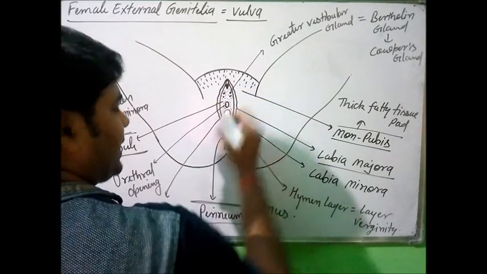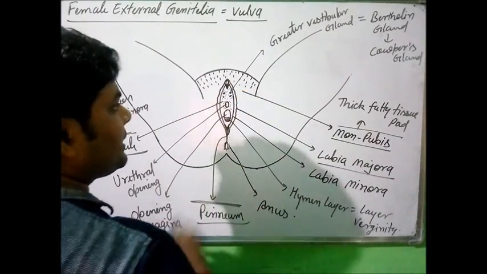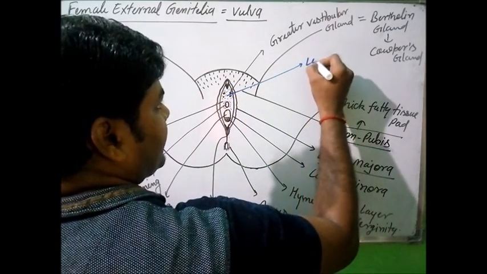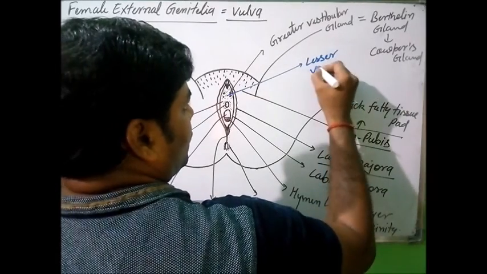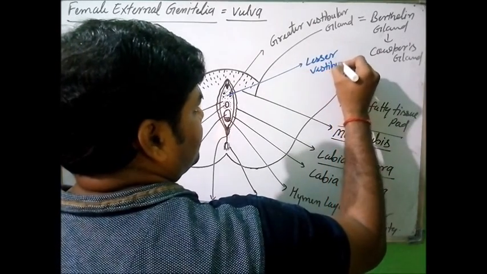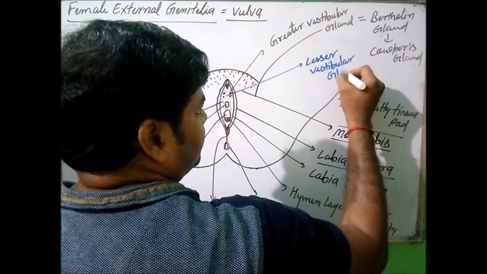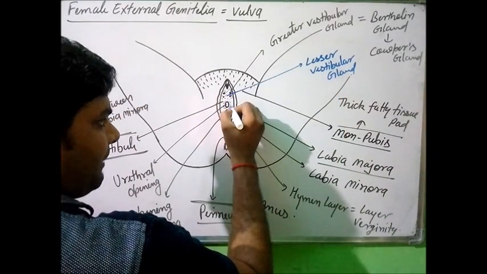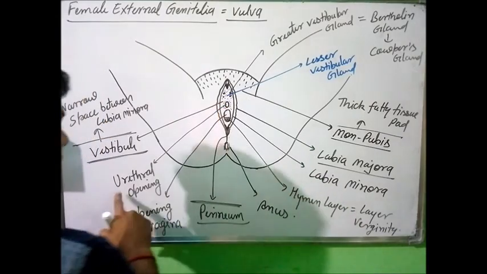So these small projections are called lesser vestibular glands. So lesser vestibular glands are also here, and some small very minute glands are present around the urethral opening.